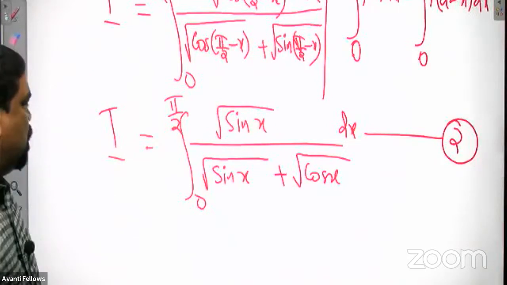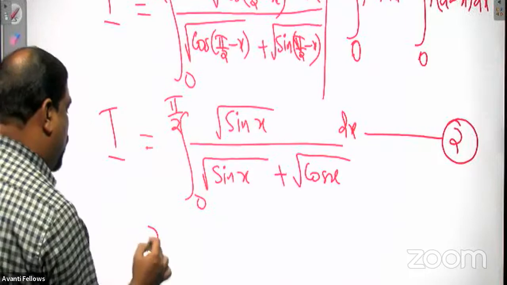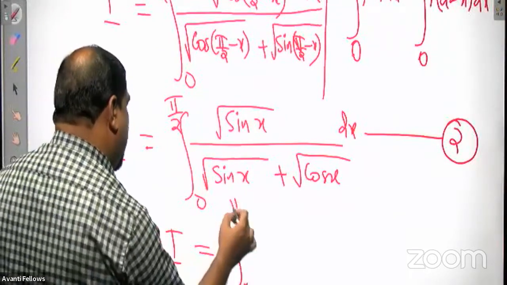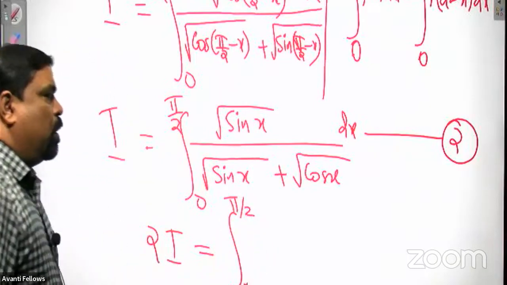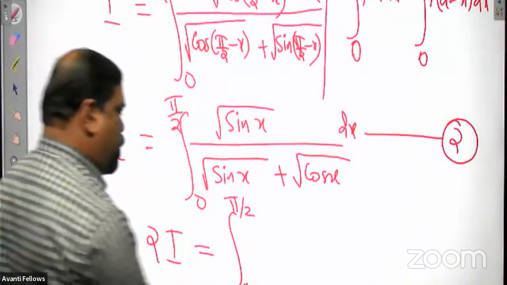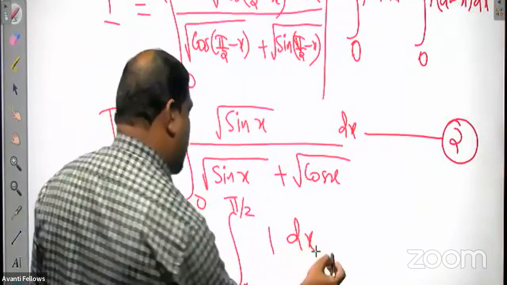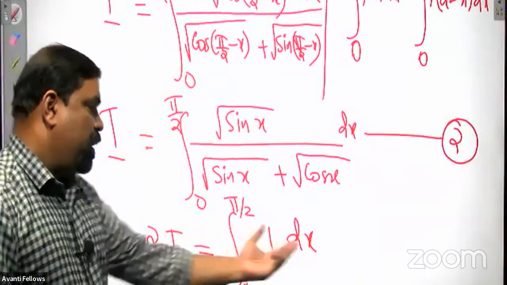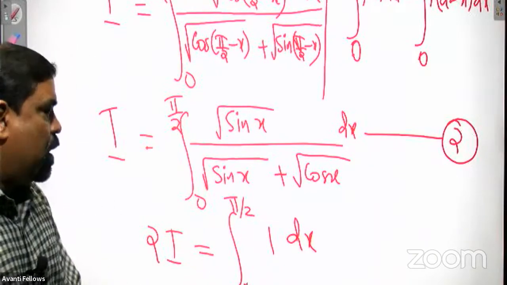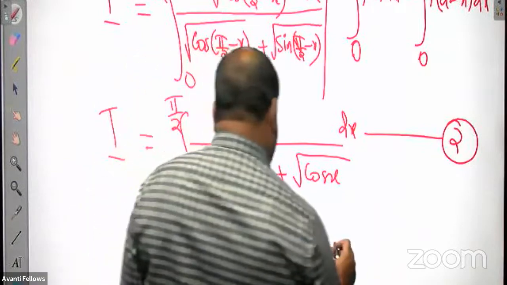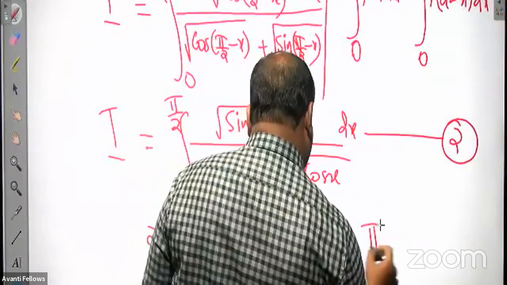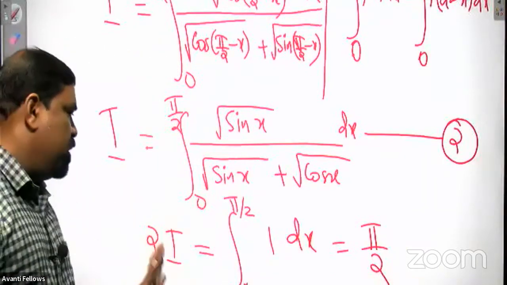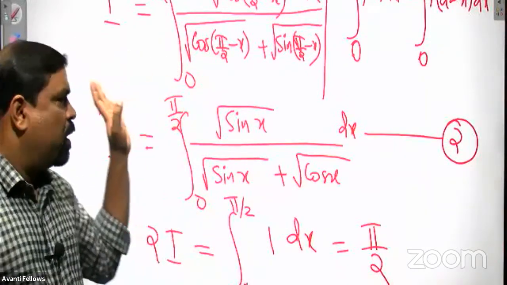If I add the two integrals, I plus I is 2I, and the denominators are the same, so we can add the numerators. Numerator and denominator become the same, so you will get 1 after adding. So 1 dx. Integral of 1 dx is x, and if you substitute the limit pi by 2, it is pi by 2 minus 0. So 2I is pi by 2, so I is equal to pi by 4.